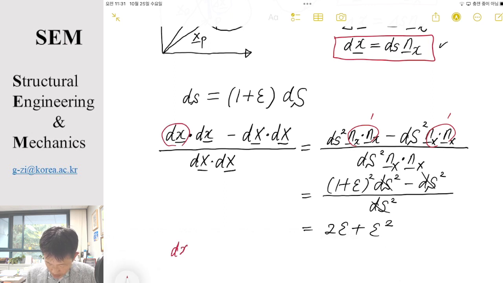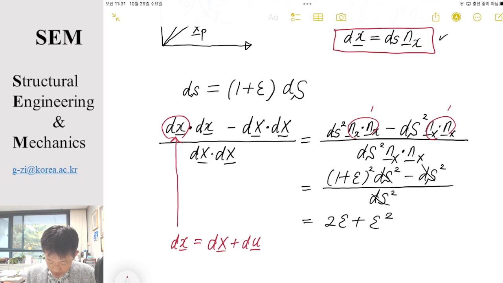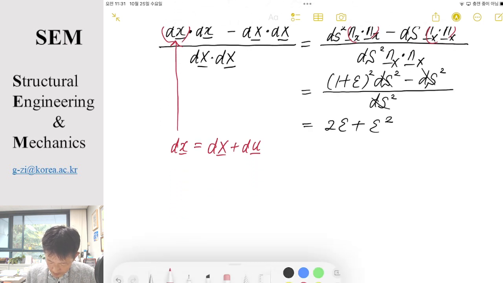Dx is what? Dx is equal to the initial segment plus any displacement change du, isn't it, right? So let's plug that expression here, and then let's rearrange this equation using this.